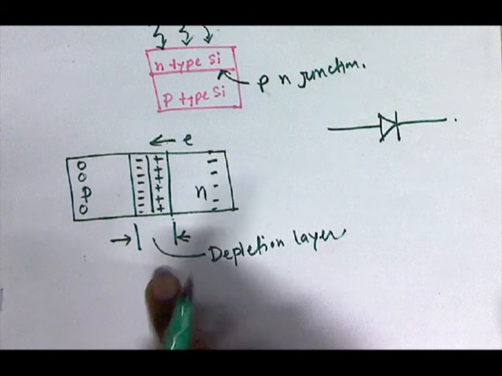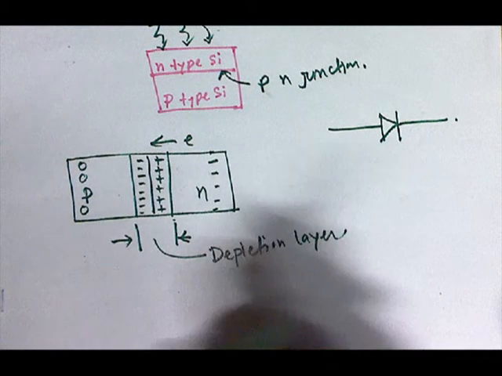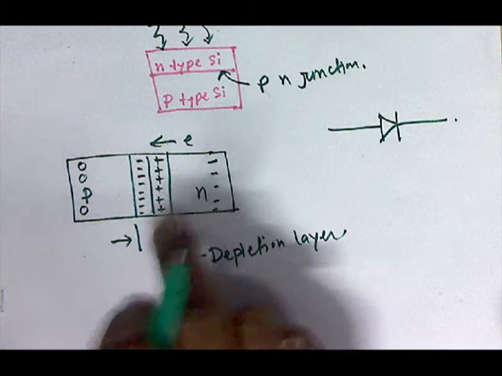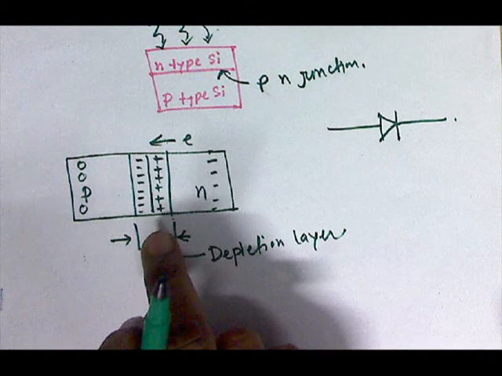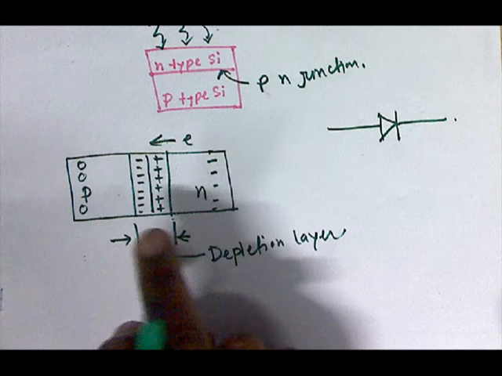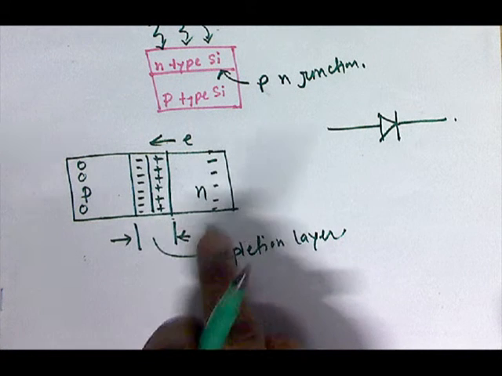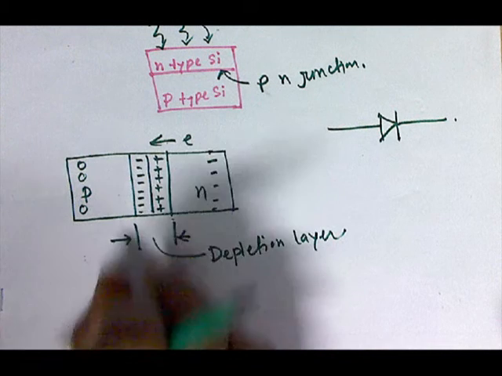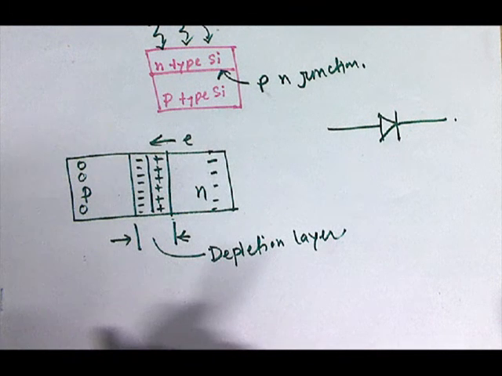The term depletion is due to the fact that near the junction the region is depleted, that is, emptied of charge carriers, free electrons and holes, due to the diffusion across the junction. That is, in this portion there is no charge; this is a charge-free region.